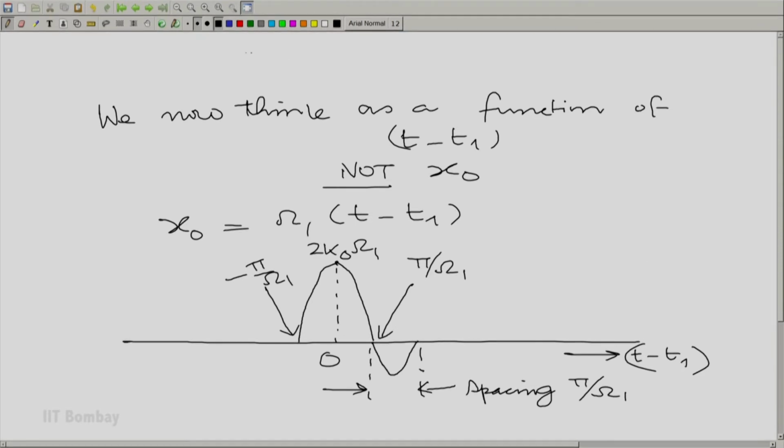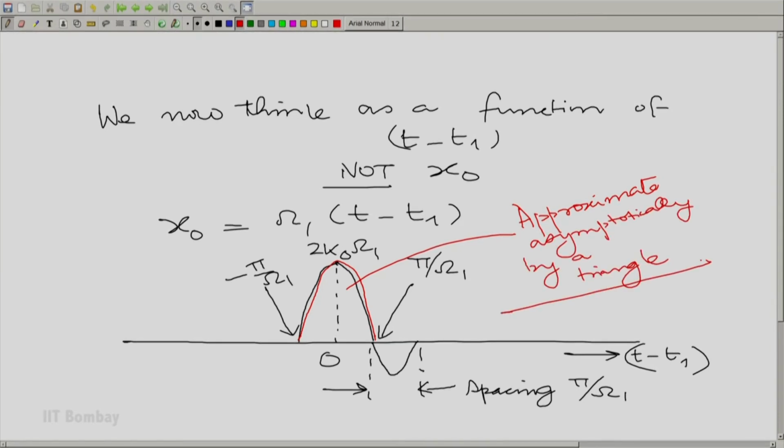So now let us visualize that you could start thinking of this part, essentially this part, approximate this asymptotically by a triangle. Now if you approximate by a triangle, you can find the area of that triangle, and you can do the same thing for the other side lobes.